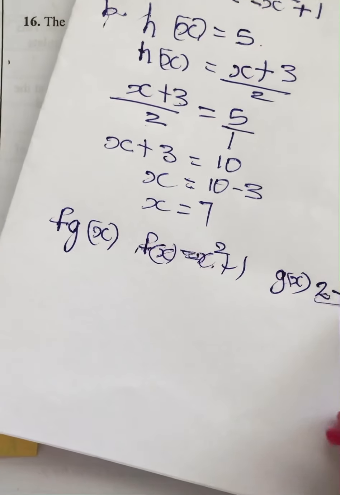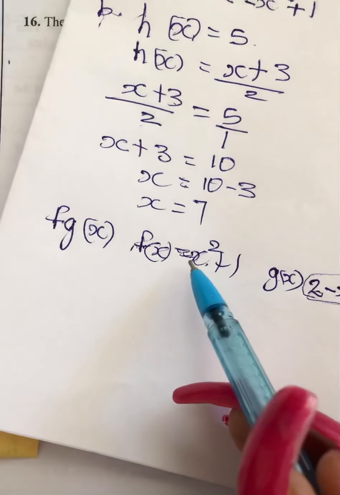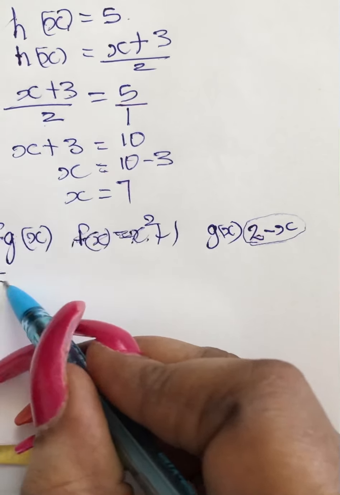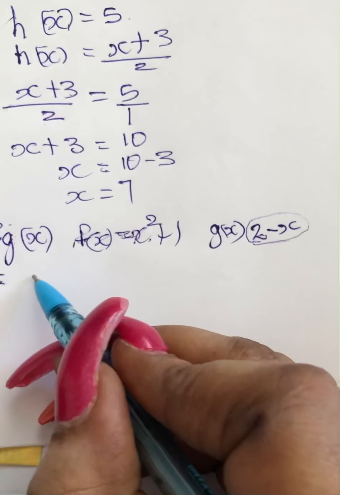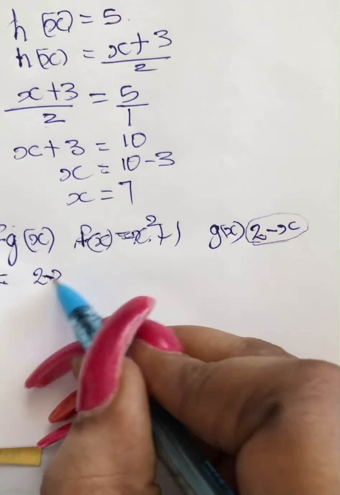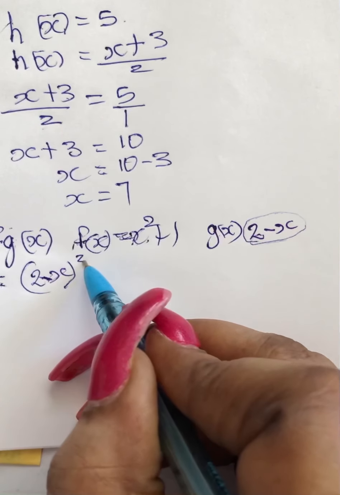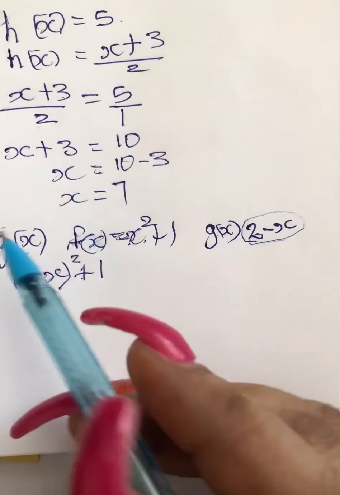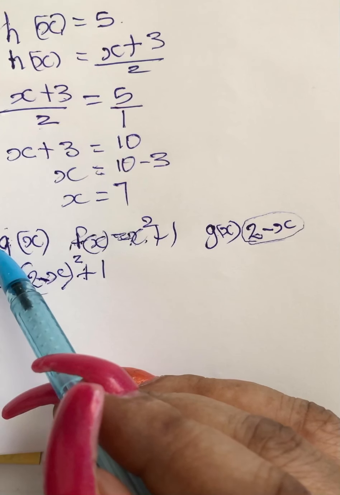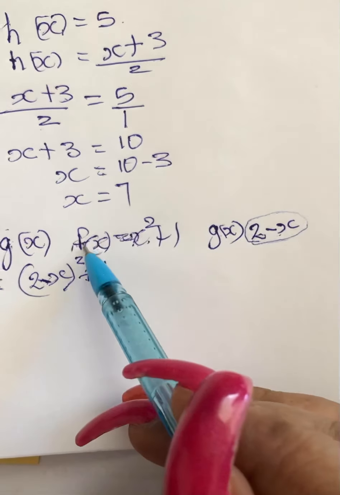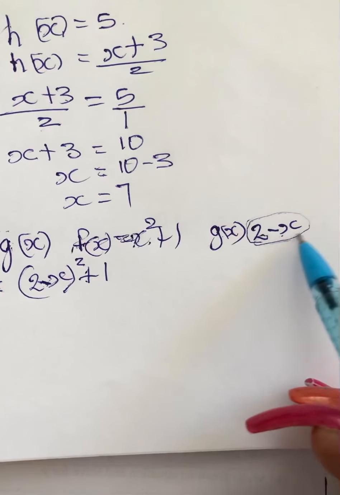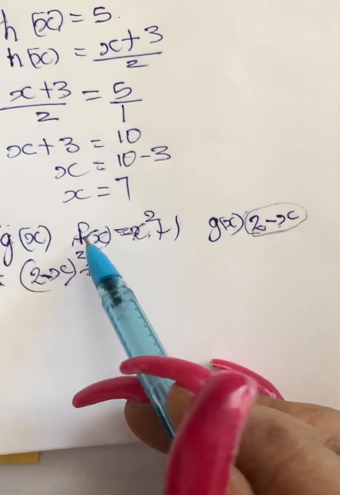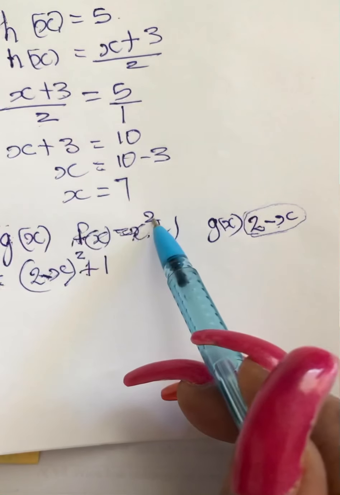I am going to write 2 minus x where I see x. So let me substitute now. This is my g. I want to square it, and then I want to add 1. Remember, the right goes into the left. g is going into f. I am writing g where I see x, and x in the function f says x squared.